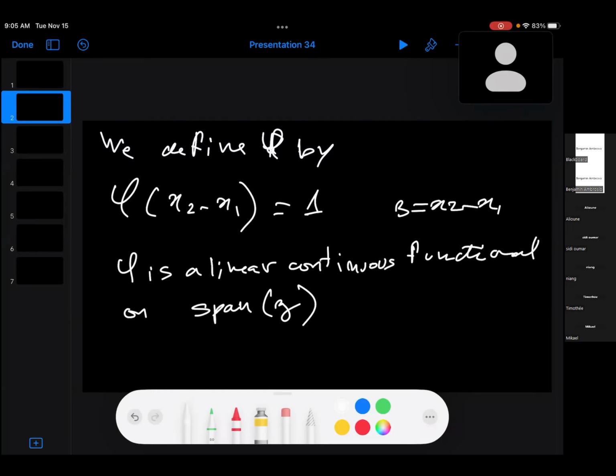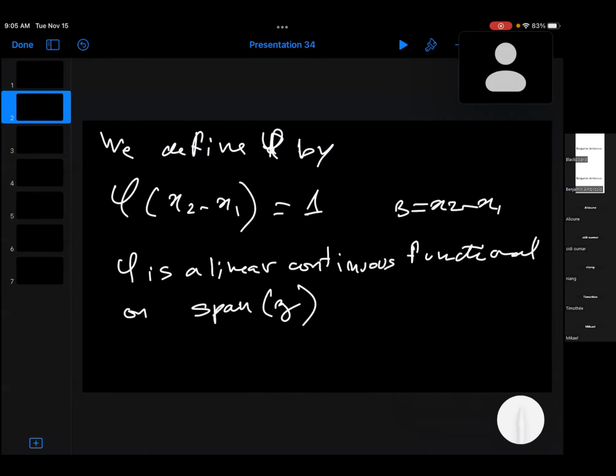This defines a linear functional on the span of z, with z equals x2 minus x1. Because I want phi to be linear, phi of alpha z equals alpha phi of z, which equals alpha. And so I define my function phi on the span of z.